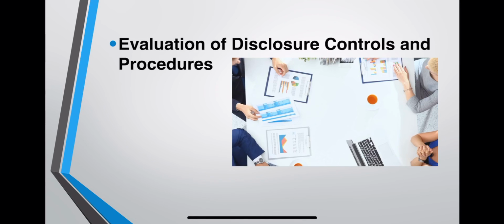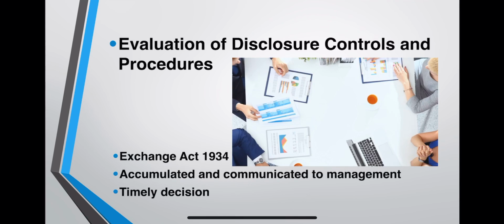So the first one is evaluation of disclosure controls and procedures. Under the Exchange Act of 1934, as amended, the controls are effective to provide reasonable assurance that information required to be disclosed by us in reports that we file or submit under the Exchange Act is recorded, processed, summarized, and reported within the time period specified in SEC rules and forms, and is accumulated and communicated to management.